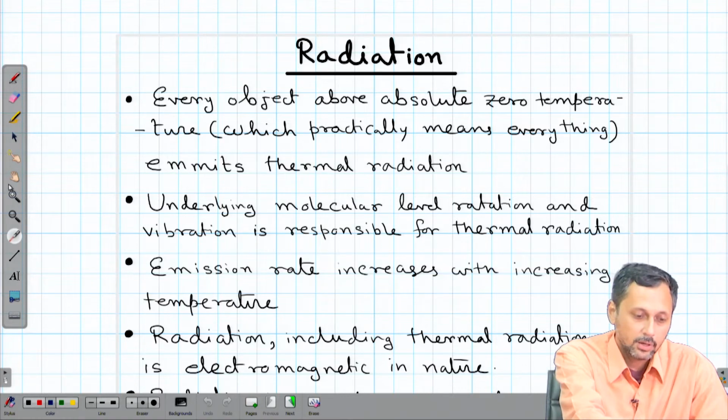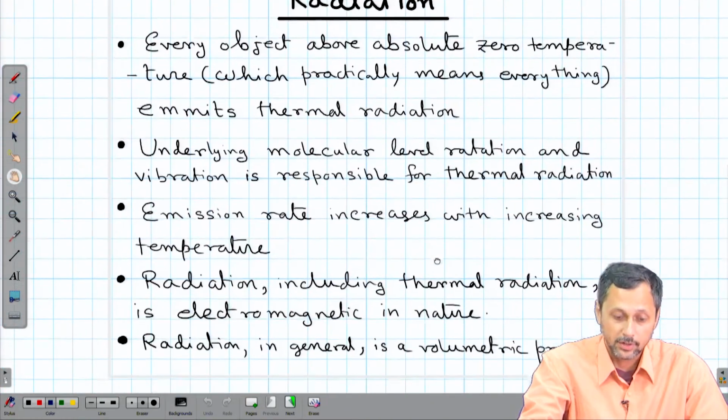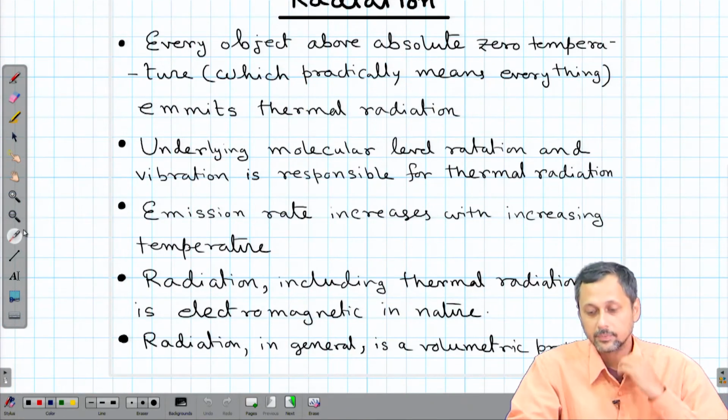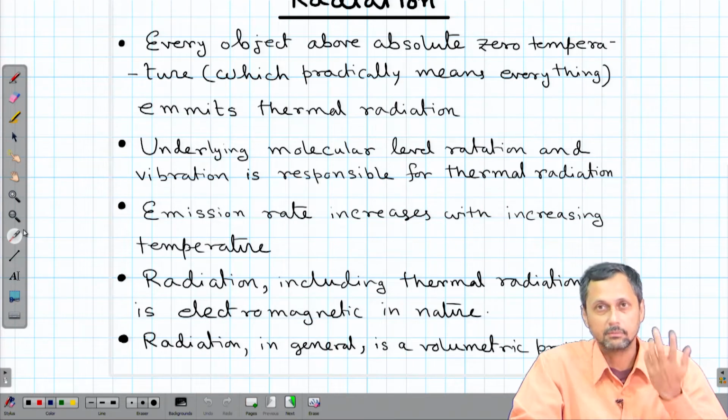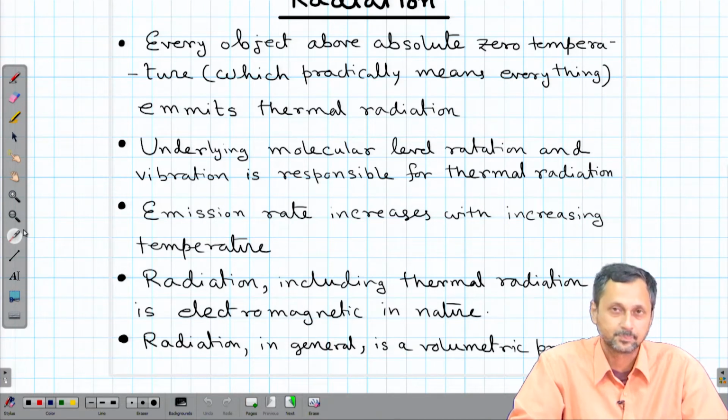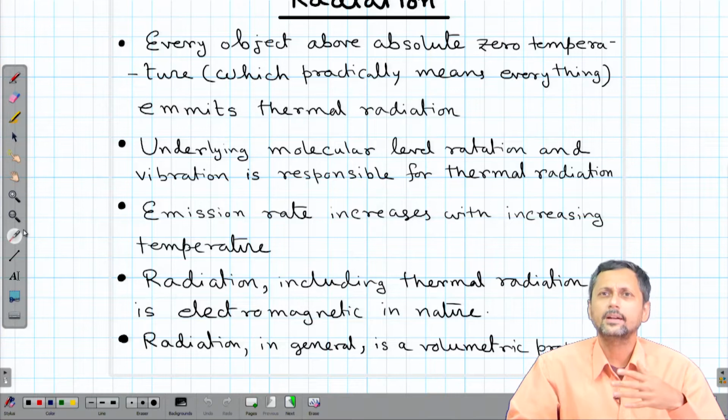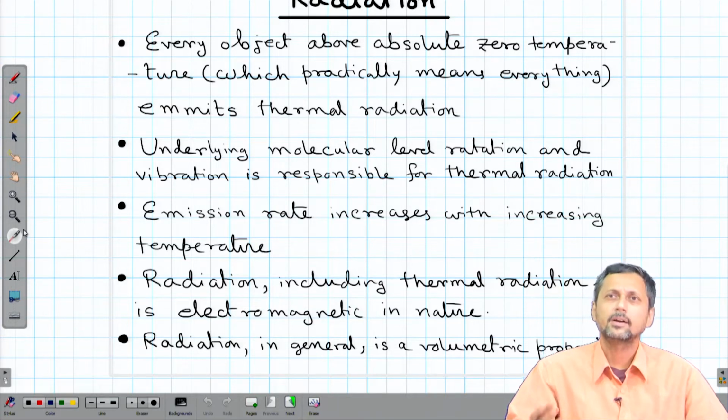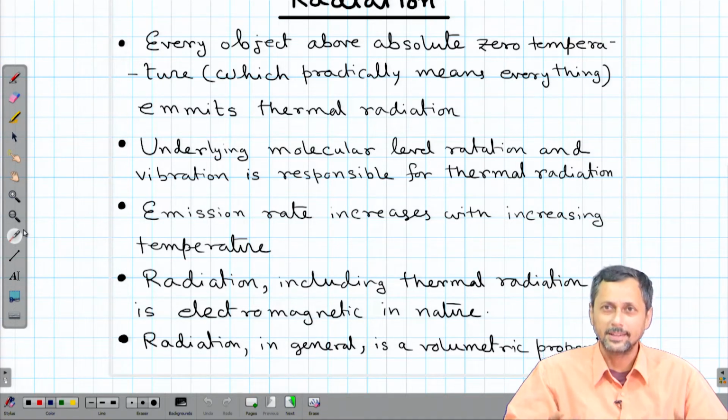Now, it was also proved later on that radiation, including thermal radiation, I mean there could be non-thermal radiation as well. For example, radioactive radiation and X-ray radiation are not exactly thermal radiation by nature. So, we do not get gamma rays out of an object just by heating it.